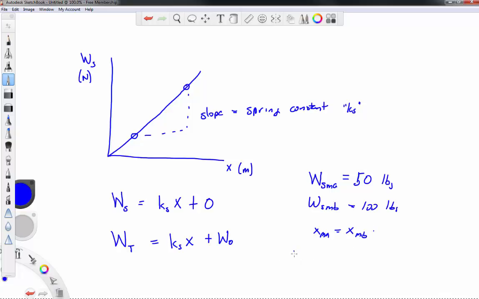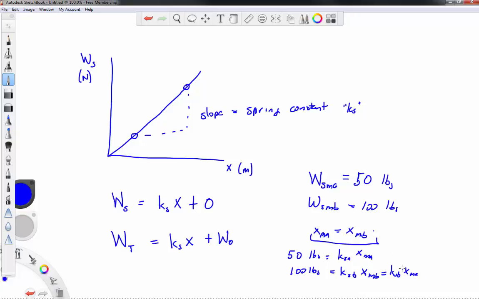So basically you can write something like 50 pounds is equal to K_SA times X max A. 100 pounds is equal to K_SB times X max B. But that's also equal to K_SB times X max A, because B and A have the same maximum X.